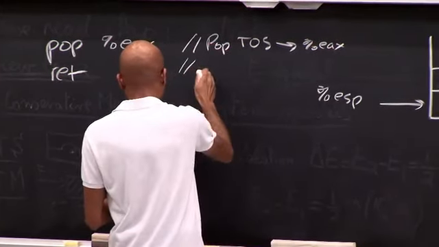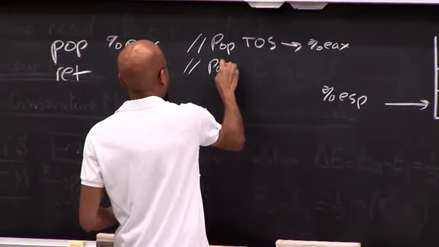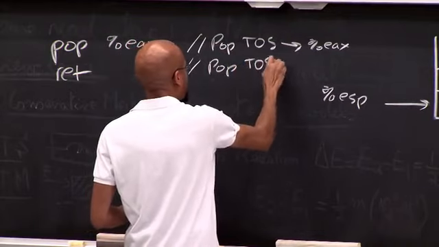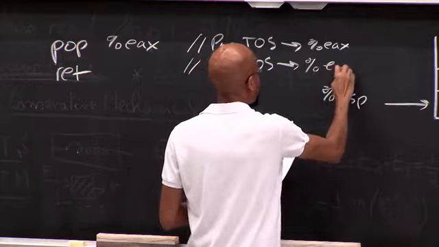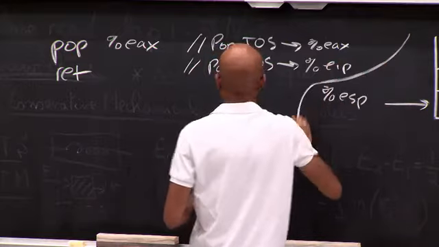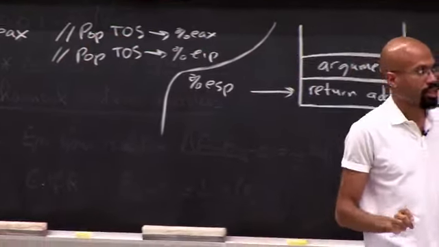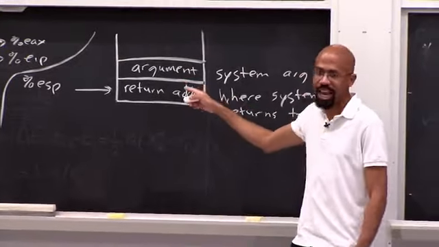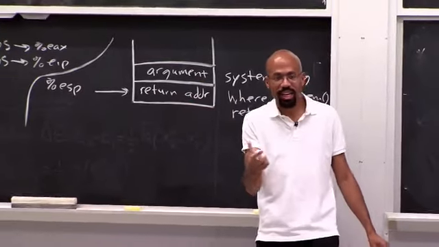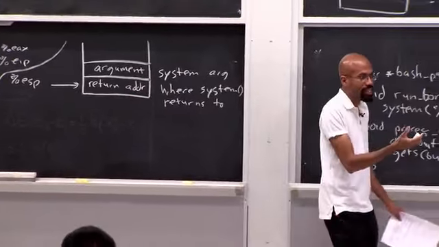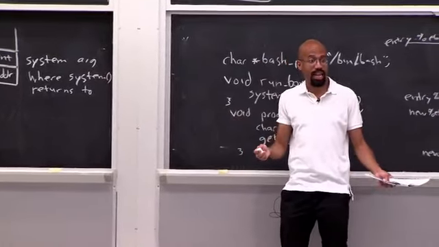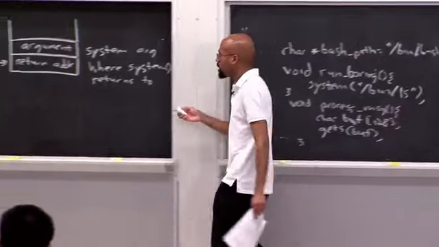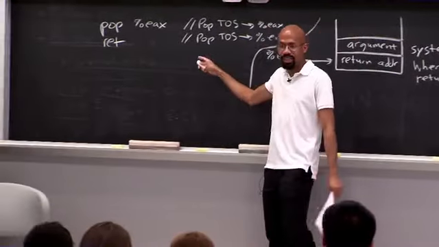And what is the ret instruction going to do? It just pops the top of the stack and puts it into EIP, the instruction pointer. So this is what's known as a gadget. This is a small set of assembly instructions that the attacker can use to build these larger, more grandiose attacks.